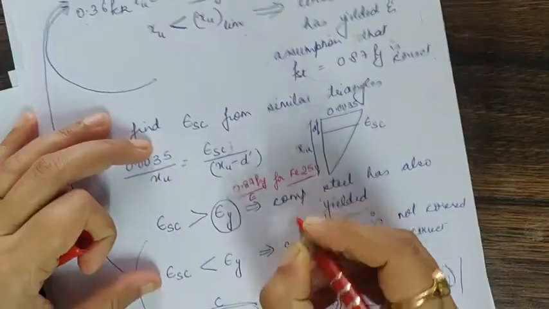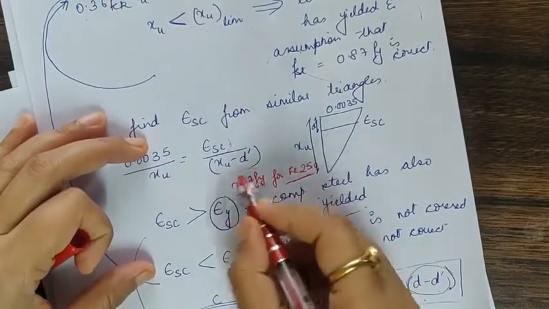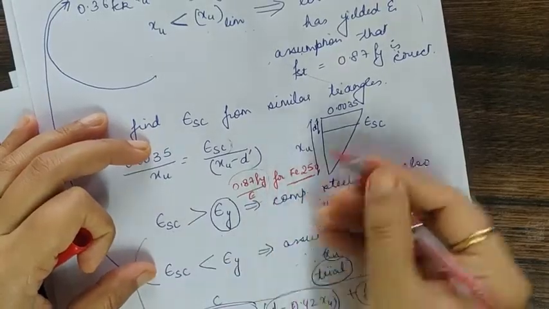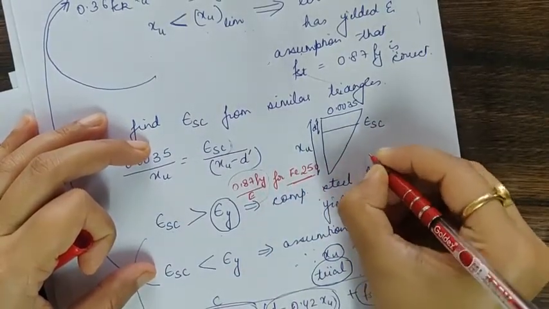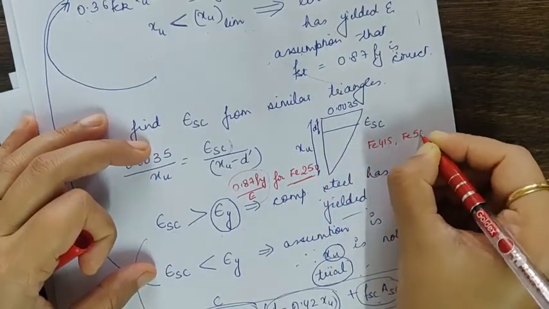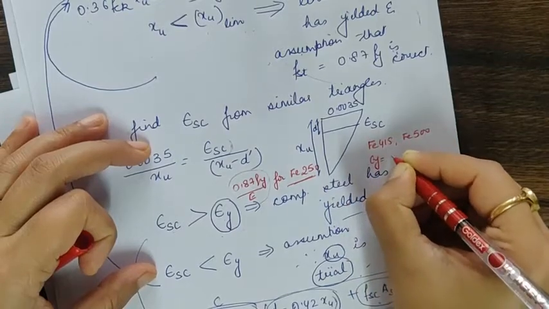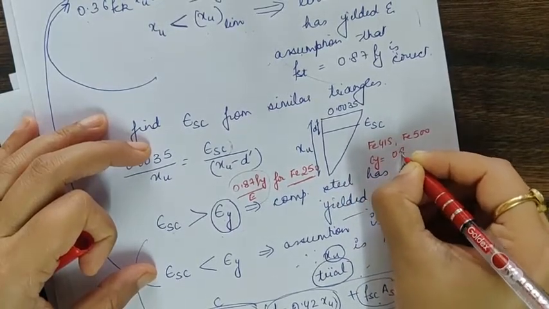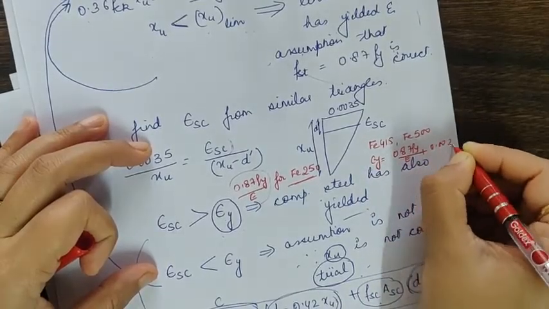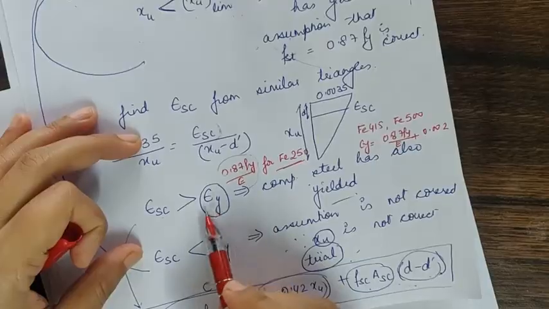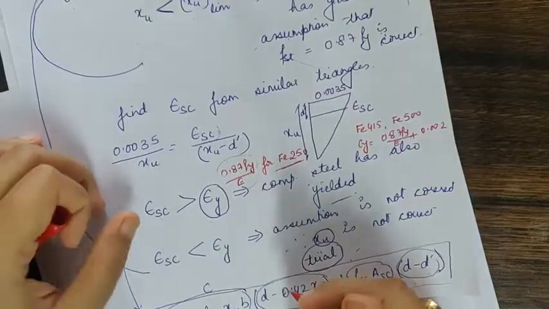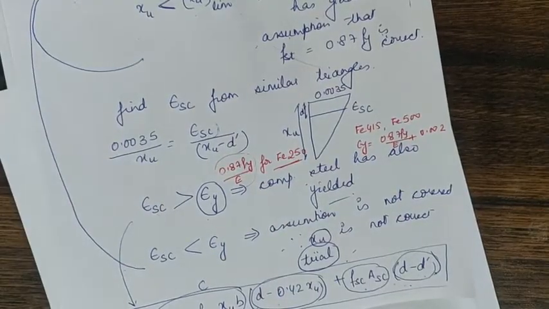If I have a steel Fe250, then epsilon Y will be taken as 0.87 Fy upon E. Whereas if I am having Fe415 or Fe500, then the epsilon Y value is 0.87 Fy upon E plus 0.002. So for comparison, either I'll be taking this value or I'll be taking this value. It will be more clear from the questions.